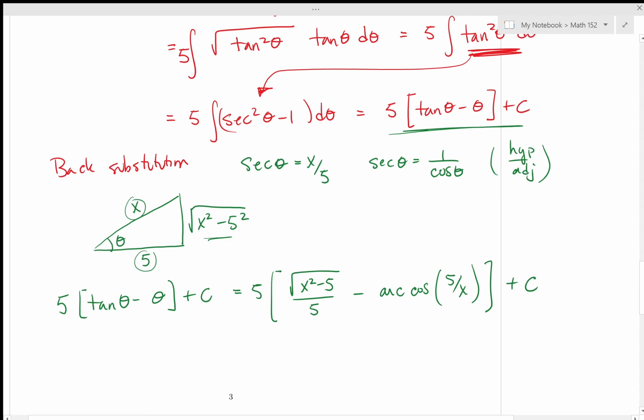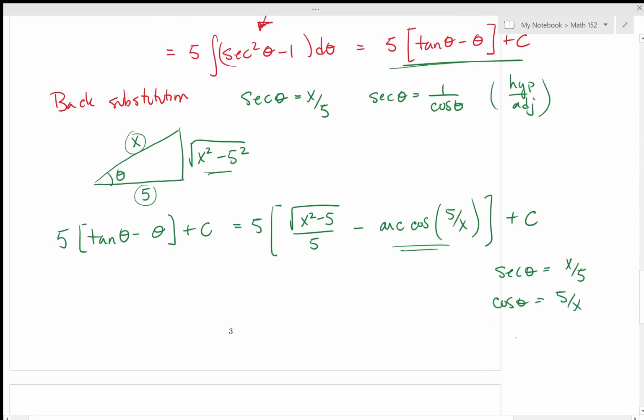The thinking behind this is that secant theta is x over 5, so cosine theta is 5 over x. Therefore, theta is the arc cos of 5 over x. That's the thinking there. And in fact, I can do a little bit of simplifying.